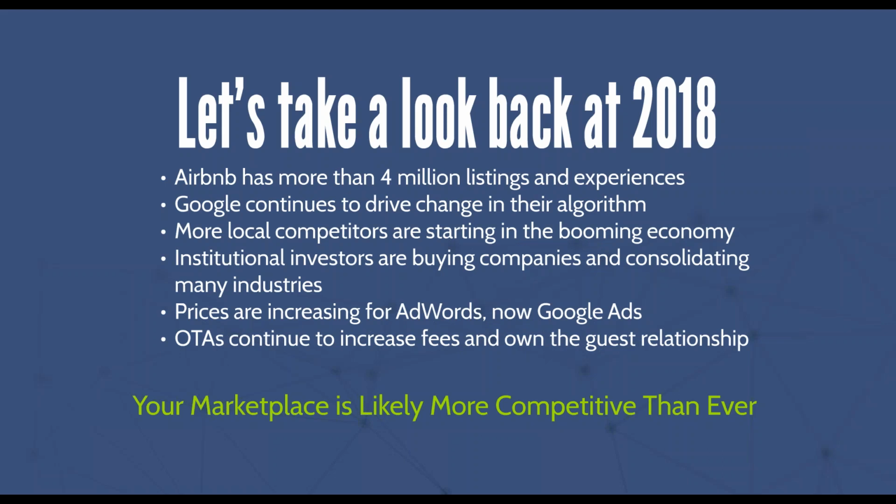But we know it's probably significantly higher than 4 million at this point. It's probably significantly higher than 5 million at this point. But they are the largest accommodations website in the world at this point. Massive accommodations website, massive number of properties that can be booked. And it's a huge competitive change for many of us.